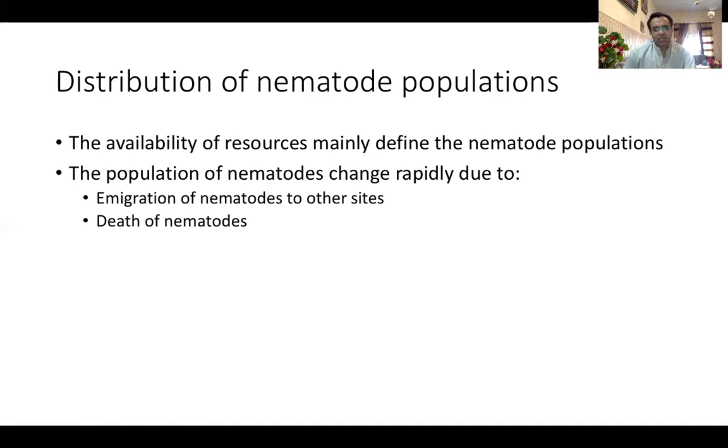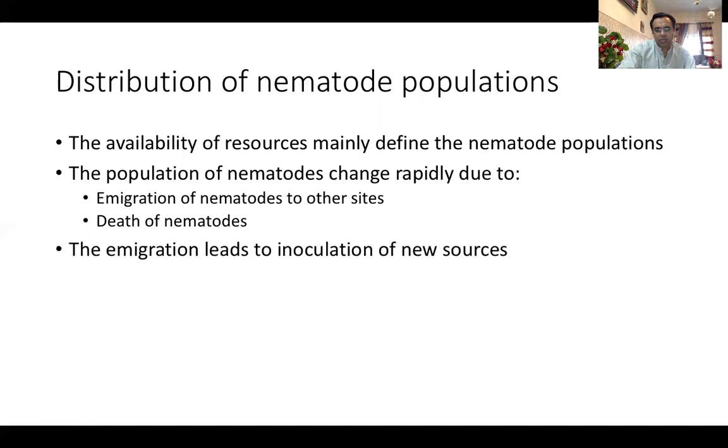The change in population is because of two important reasons. One is emigration of nematodes from one site to another site, and the other is the death of nematodes. The emigration leads to inoculation of new sources.